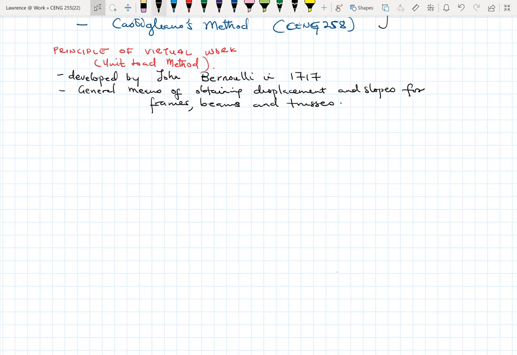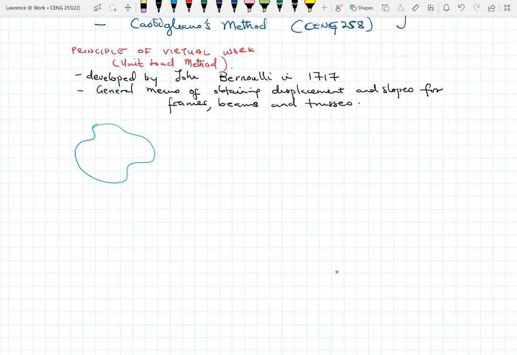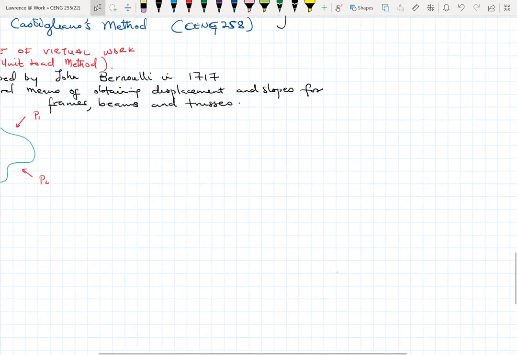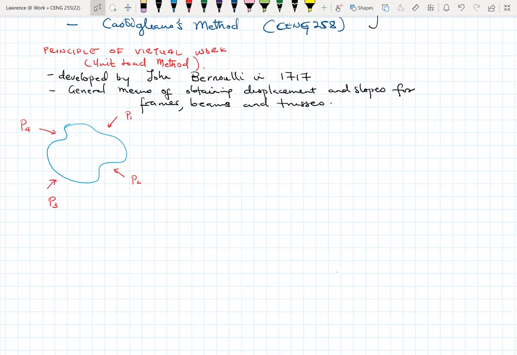So let's say we have a generalized body, something like this, a nice, interesting shape. And then we have all these various loads applied to it: P1, P2, P3, P4. For a shape like this, when you apply these loads, as long as there's a net force, there will be some deformations.